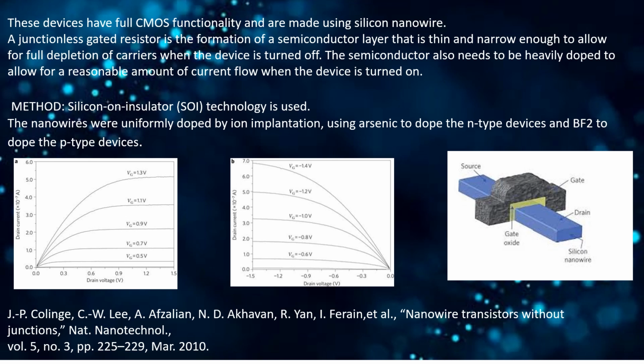The current voltage characteristics of the gated resistor are similar to those of a regular MOSFET. Figure A shows the N-channel gated resistor and figure B shows the P-channel gated resistor. The gated resistors have full CMOS operation, have no junctions and are made in N plus or P plus silicon nanowires, therefore are less sensitive to thermal budget than regular CMOS devices.